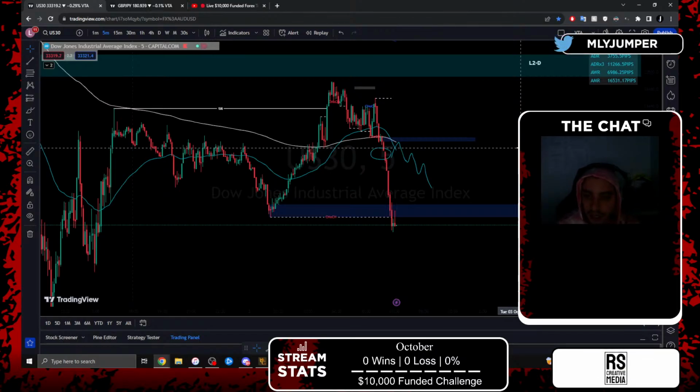So boom, 5-minute candle broke the lows. 5-minute candle opened below the zone. So let's see. Am I getting in on this candle? No. Why? Because that last previous red candle is a hammer candle.